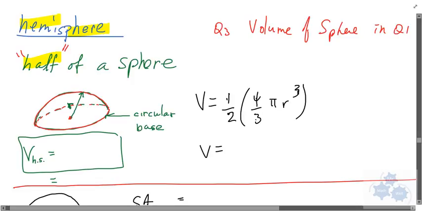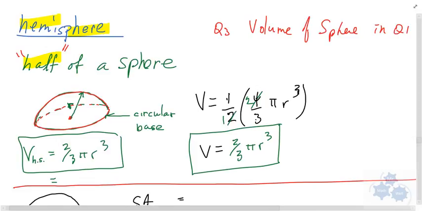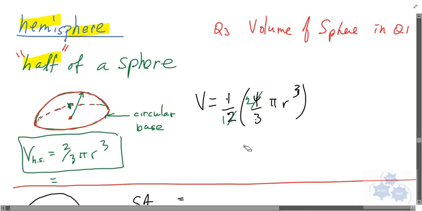Well, this 2 and this 4 can actually cancel out to give you 2 and 1. So it's actually 2/3 pi r cubed. So that's the volume for a hemisphere, 2/3 pi r cubed. That's the volume, which is pretty easy, so I won't spend too much time on that.